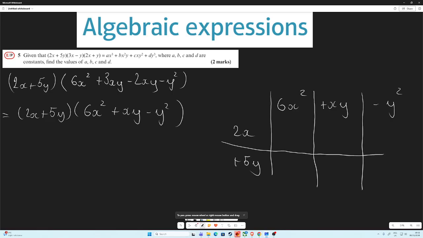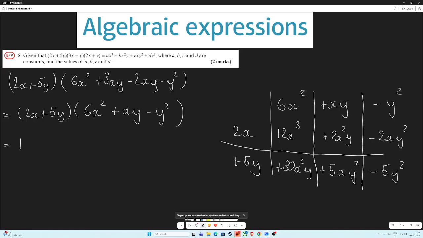Okay, so that's 12x cubed plus 2x squared y minus 2xy squared plus 30x squared y plus 5xy squared minus 5y squared.